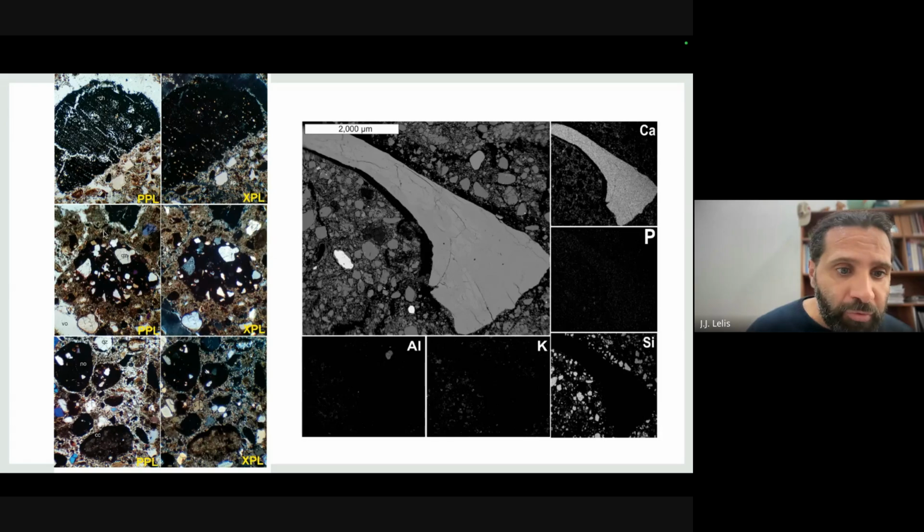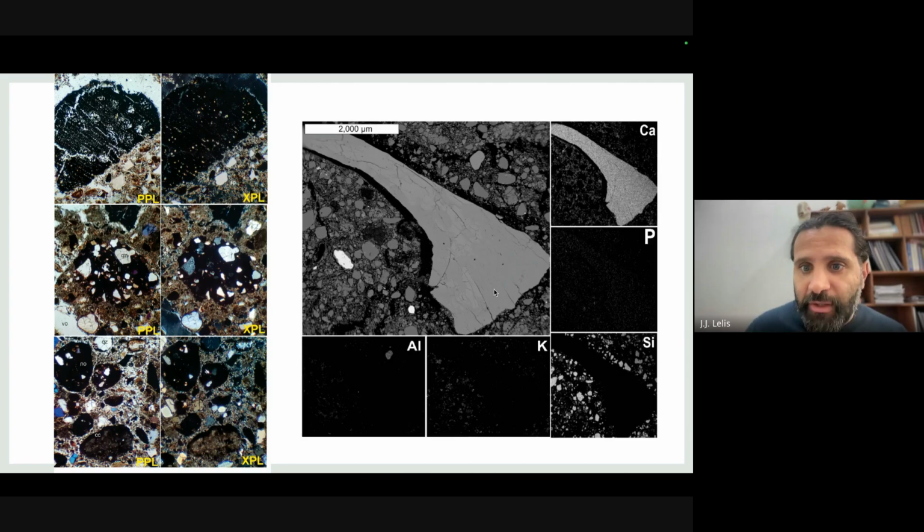It's quite common to find some artifacts, like some old shards, some kind of ceramic, and these fragments are pieces of ceramic that are inside the soil. This is a bone. You can see a lot of calcium, especially in this area.